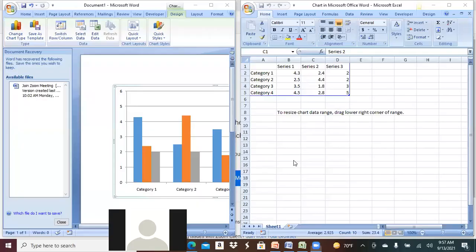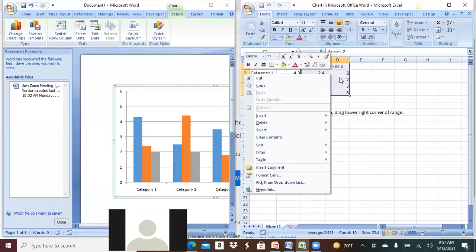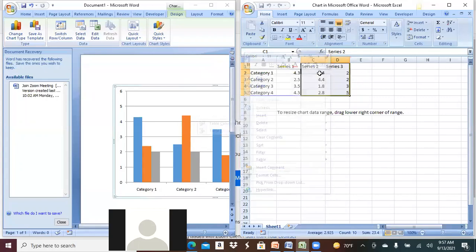Can you see this one? And in Word, you open the tab and you need only one, delete this one, right?